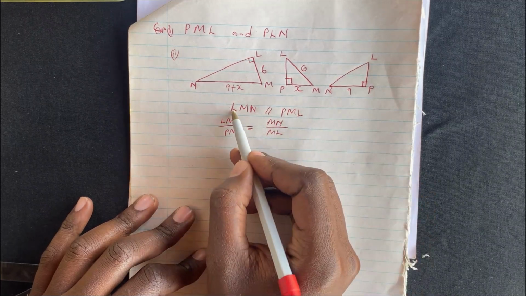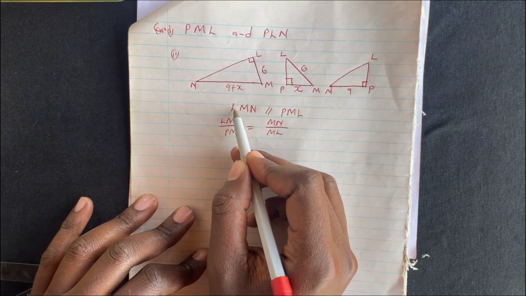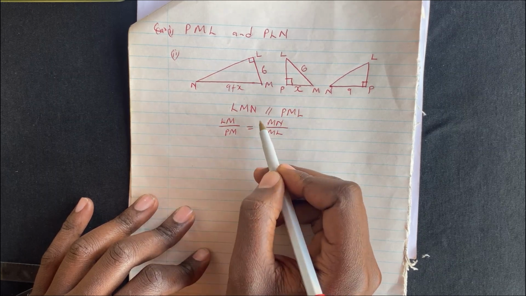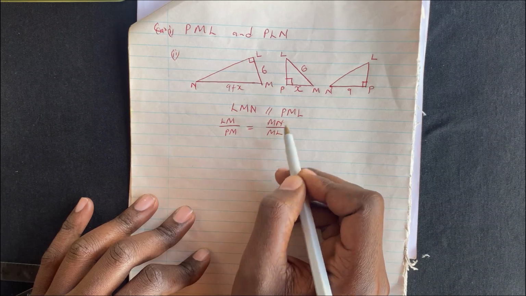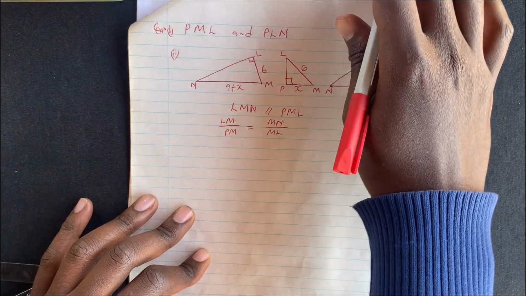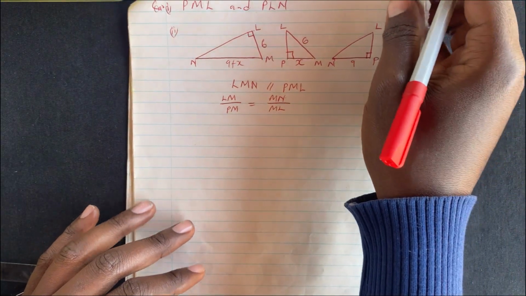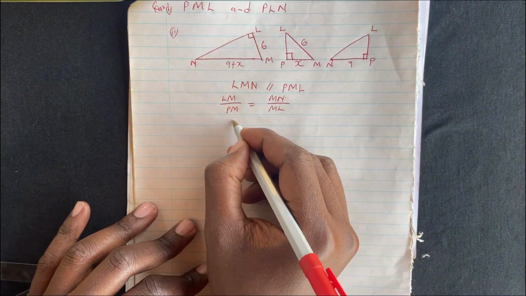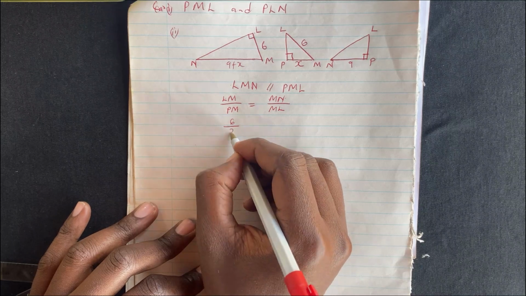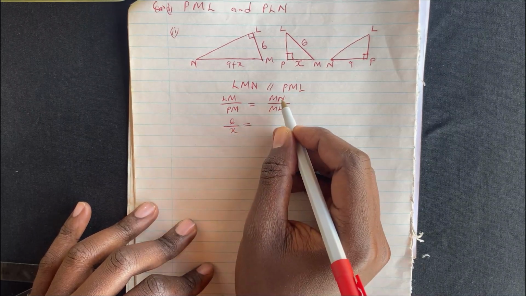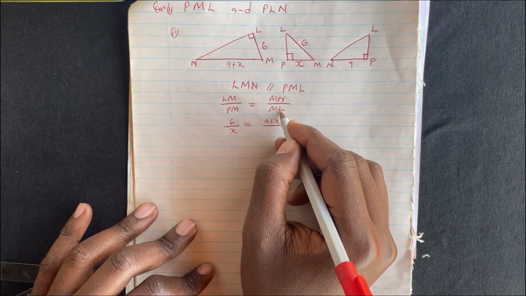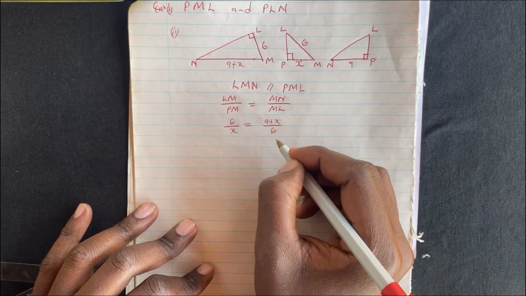So I've taken the side LM over PM, and then MN over ML. Now our LM is 6, so I'm going to put 6 over PM, this is X, and our MN, this is 9 plus X over ML, that is 6 again.